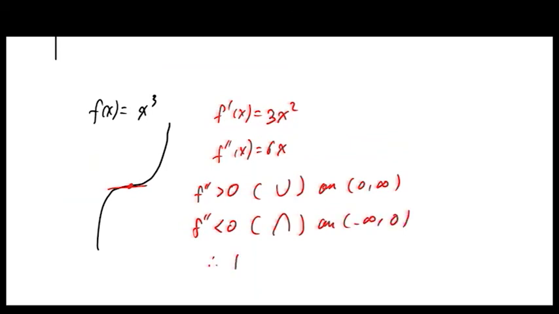Therefore, we have a point of inflection. You know what I'm saying? No max, no min. We have neither max nor min here. This is a classic example. There's no guarantee. That's why you have to justify it like this all the time.